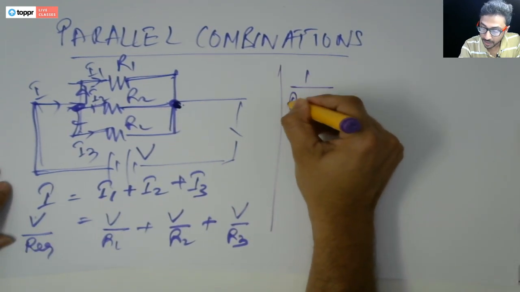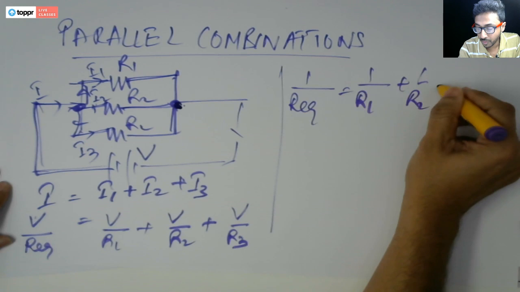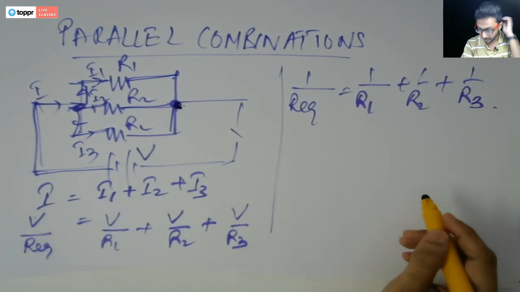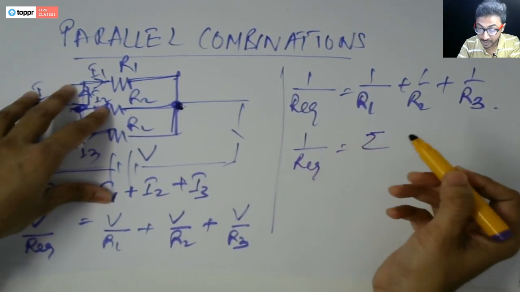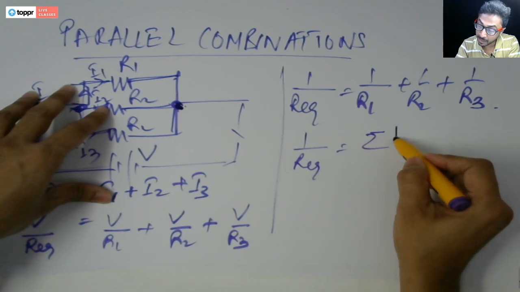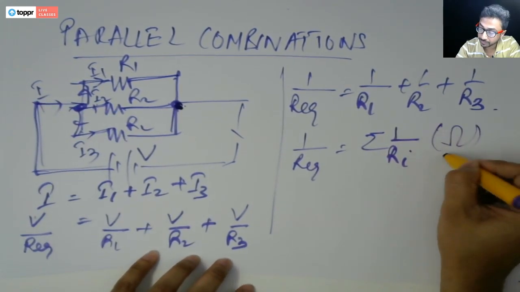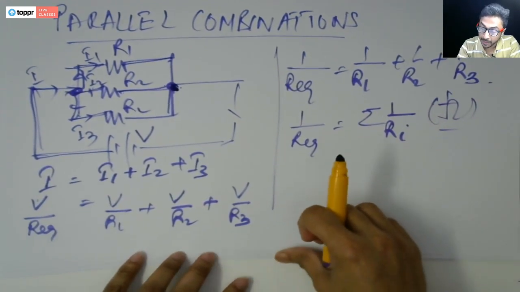So 1 by R equivalent will be equal to 1 by R1 plus 1 by R2 plus 1 by R3. That is, in this case, the reciprocal of R equivalent is the summation of the reciprocals of each individual resistance. Okay, 1 by ohm. Understand?